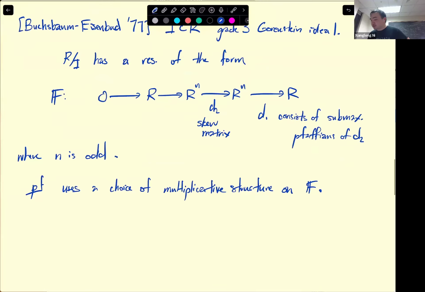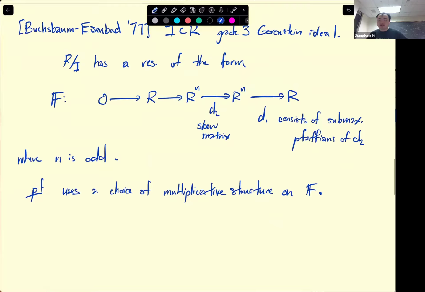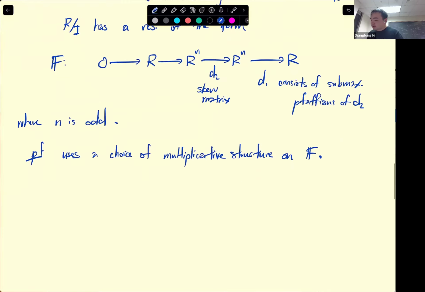Then they use this multiplicative structure to take the resolution and put it in this form that's stated in the theorem.